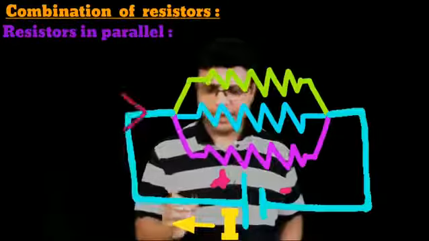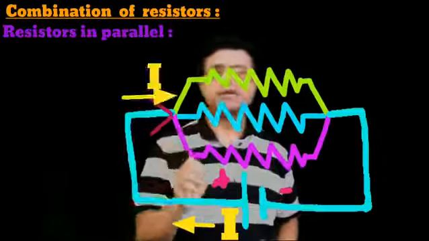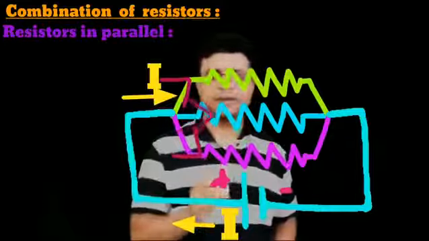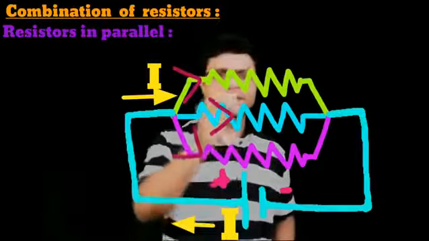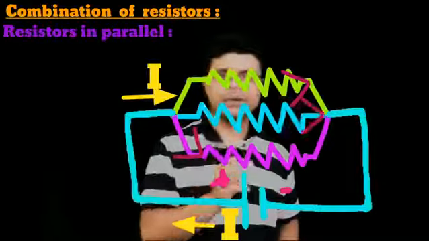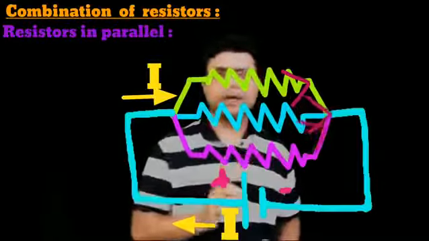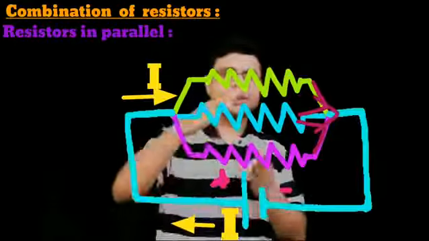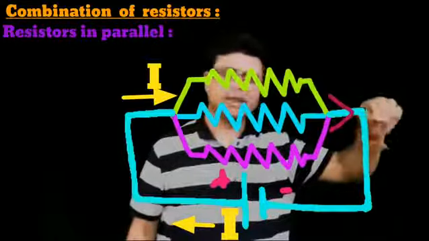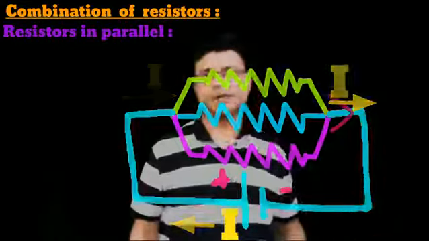Now, when current reaches the junction, what happens? Current is distributed. There are three paths. Say, in the upper branch I1 current flows, in the middle one I2 current, and in the lower one I3 current. In this way, current will be distributed. And at this junction, again they will meet and the resultant current will again be I.